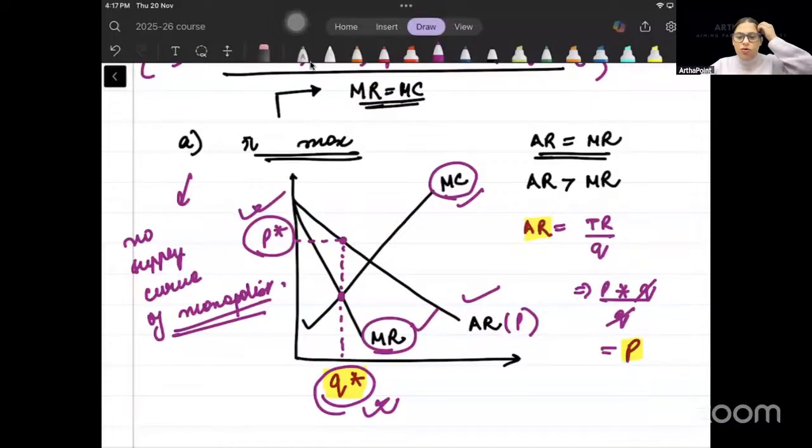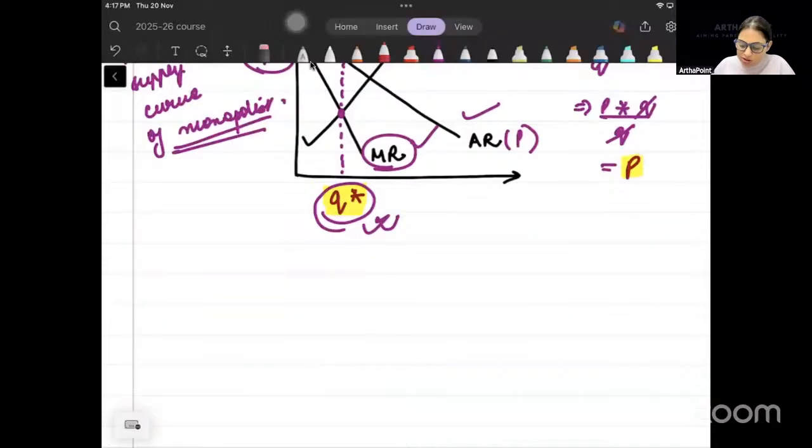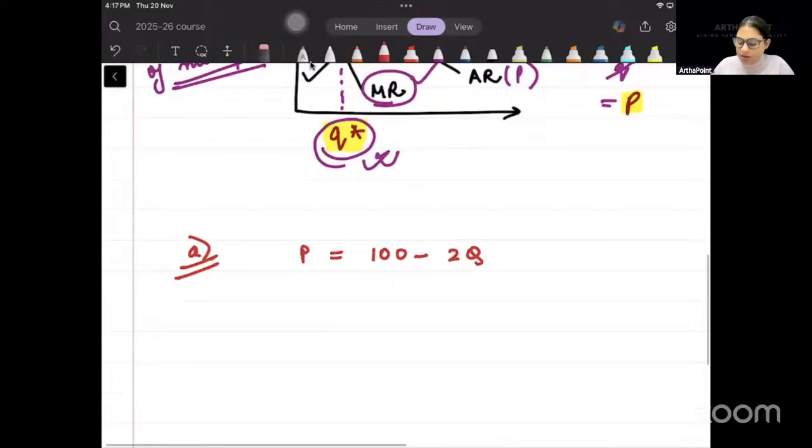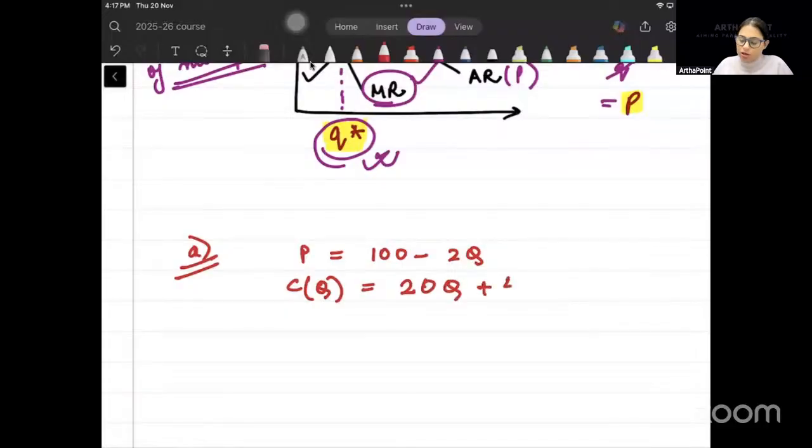Okay. So now, beta, we'll take the first numerical. All of you will first do it yourself, then I will tell you the answer. So let's say P is equal to 100 minus 2Q. Since there is just one monopolist, capital Q and small q do not make a difference. There is just one firm in the market. Suppose the cost curve is 20Q plus 40.